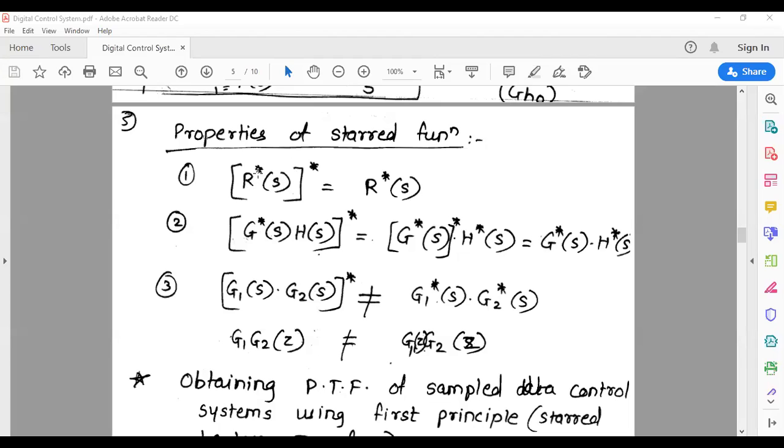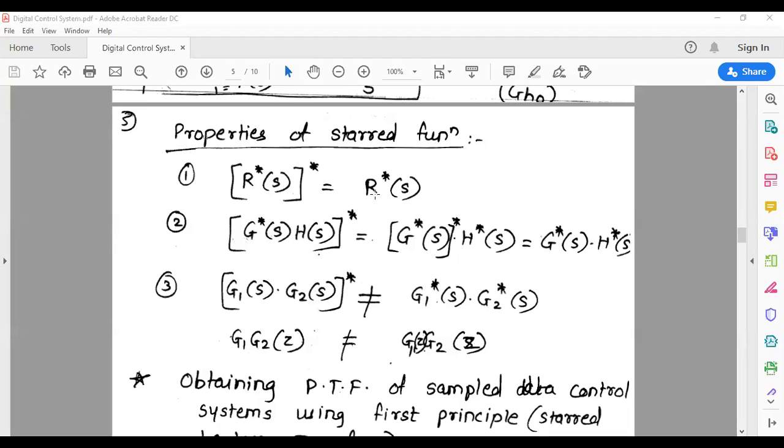Let's do it again. I have a signal R of S. Forget this from a control systems point of view for a minute. I have an input R of S. Star shows it's a sampled one or a digital or a discrete one whatsoever. I prefer calling it a sampled one at the moment. So it's a sampled one, and what you're doing by putting up another asterisk is you're again sampling it.